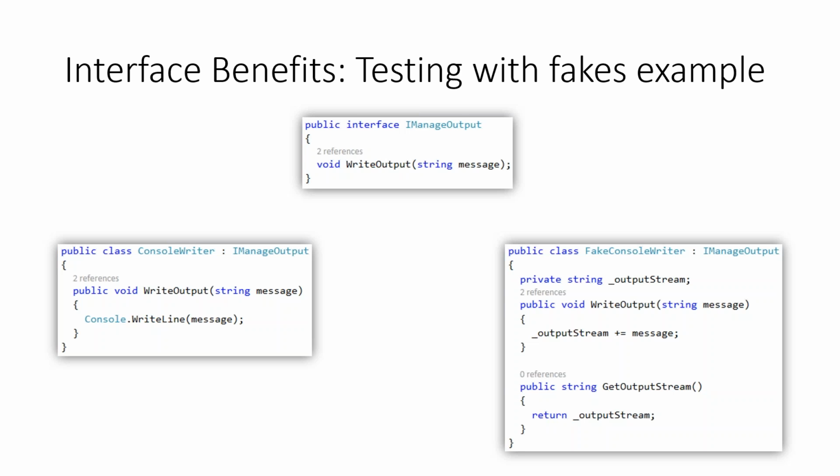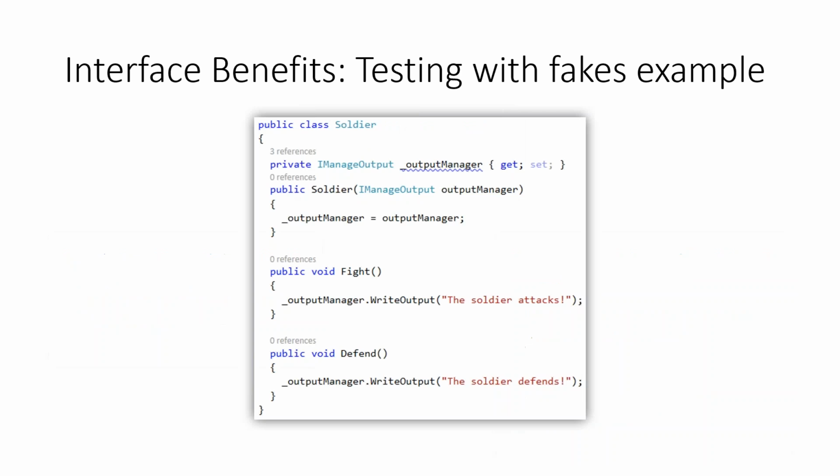So one of these classes uses the writeOutput method to write output to the console. The other uses the writeOutput method too. Notice they have the same exact signature, but it does things differently. It saves it to a string in memory and gives the consumer of the fake console writer class a chance to get the information before it's dumped from memory.